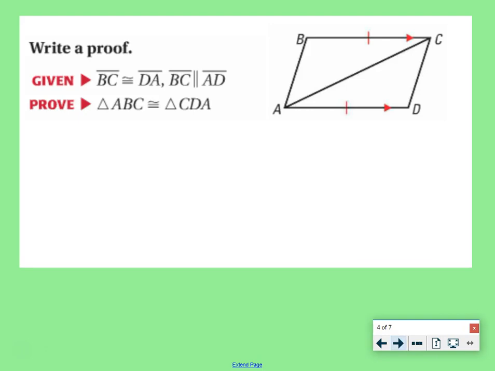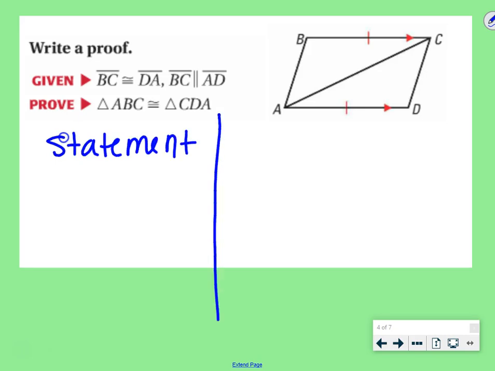Write a proof. If we are given that BC is congruent to DA and BC is parallel to AD, we want to prove that triangle ABC is congruent to triangle CDA. So set up your two columns, statement, reason.